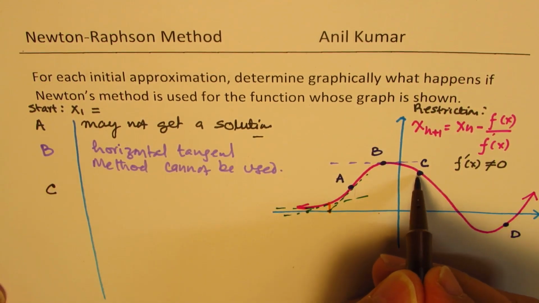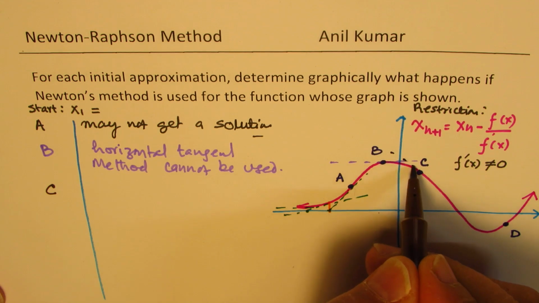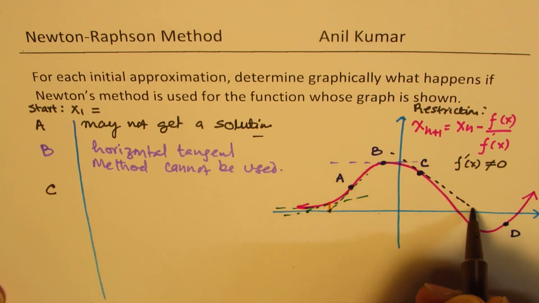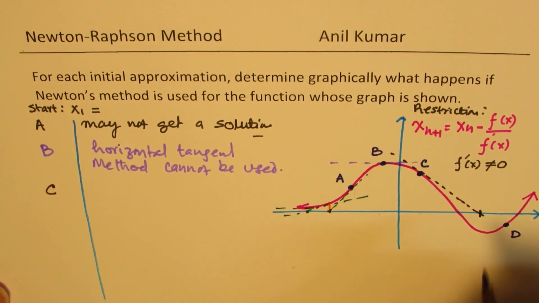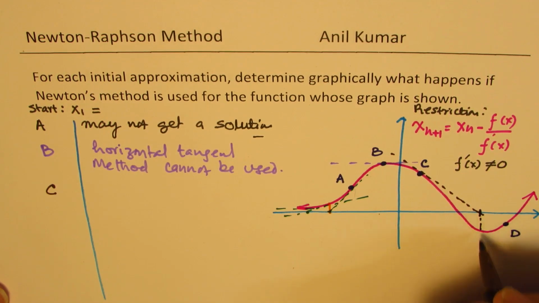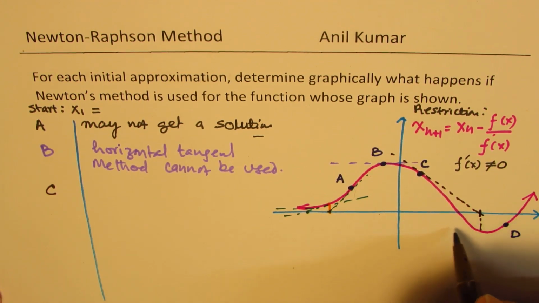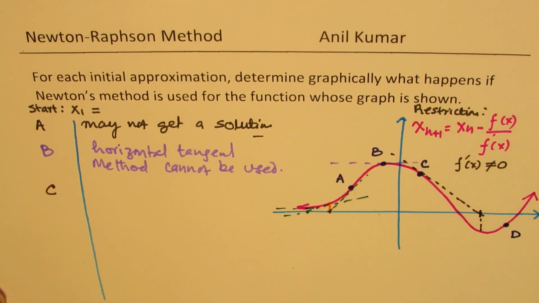Now let's take point C. If I use point C, then a tangent here, for example, will have an x-intercept somewhere here. So if I use this point, I could be in a position to get away from the solution. This is kind of a critical point.